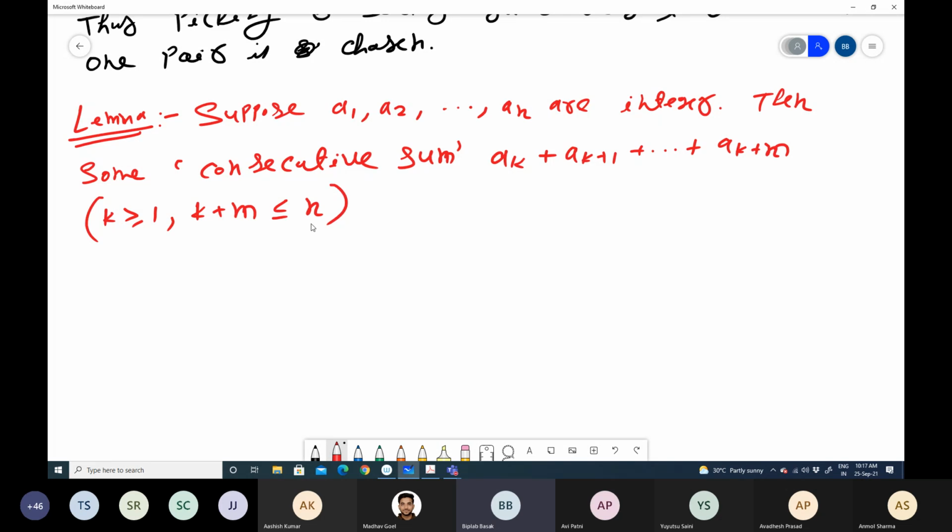We are meaning that this one is divisible by n.